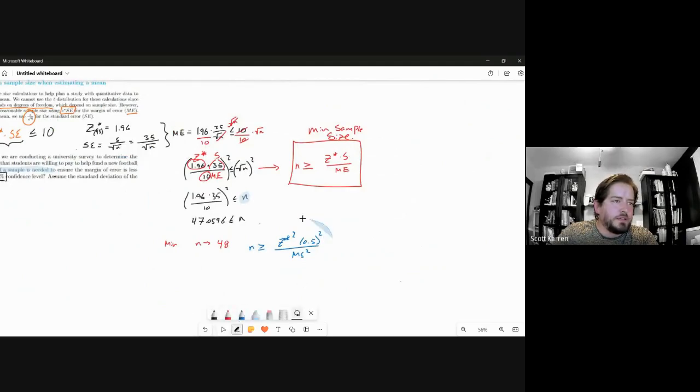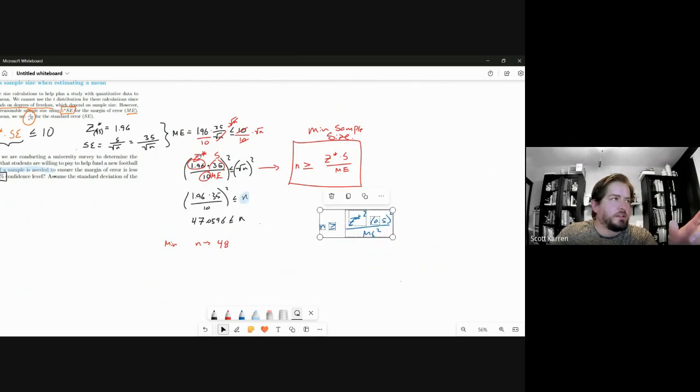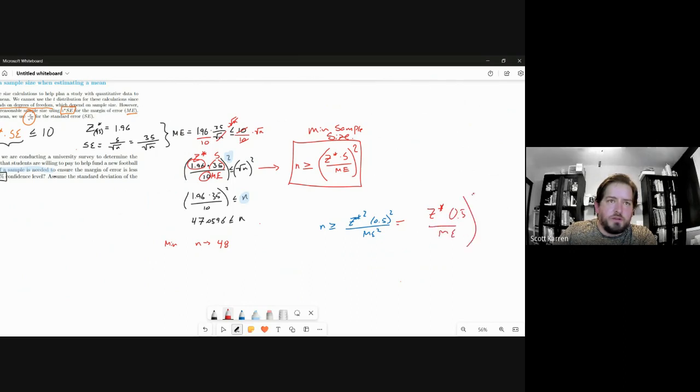And it looks like I didn't square. These were all squared over here. So on that last one, back this train up. This is just everything squared. This could be the same thing: Z-star times 0.5 all over your margin of error. You can square that at the end rather than squaring each one individually.